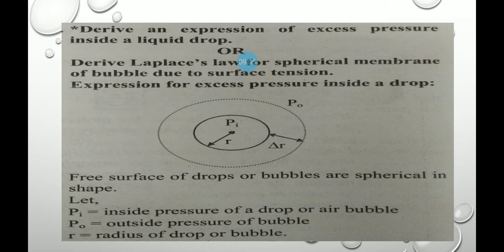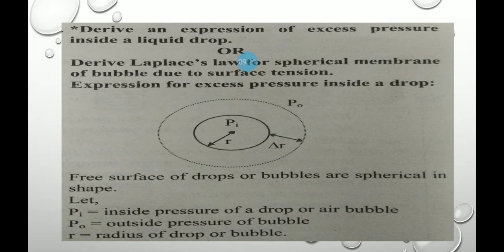In this diagram, the free surface of drops or bubbles is spherical in shape. Here we consider Pi as the inside pressure of a drop or air bubble.